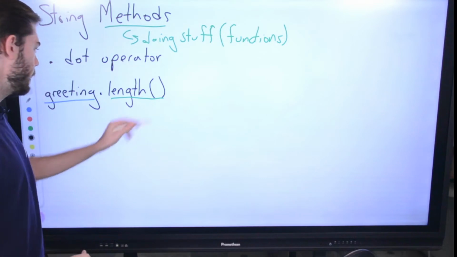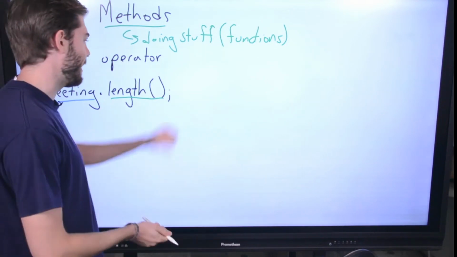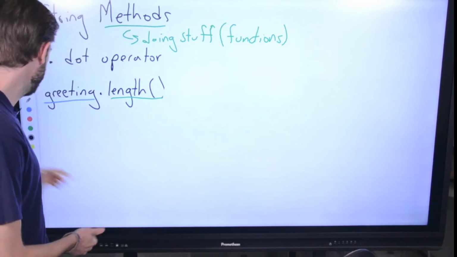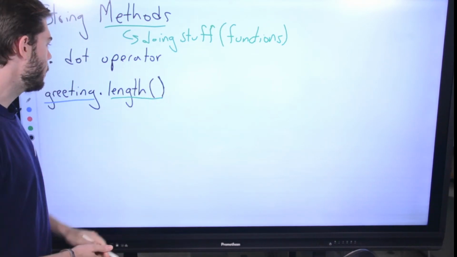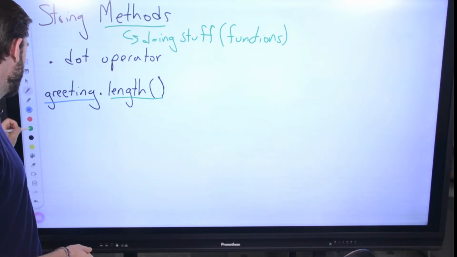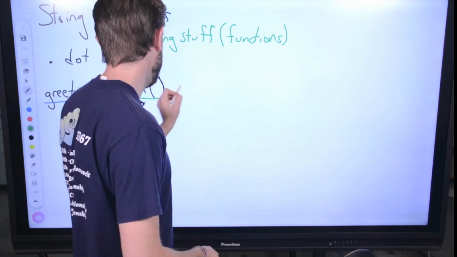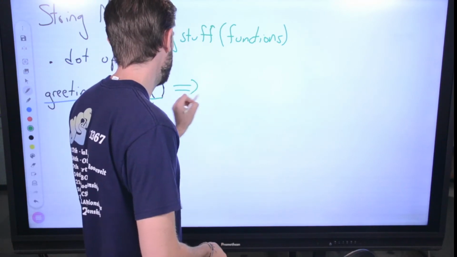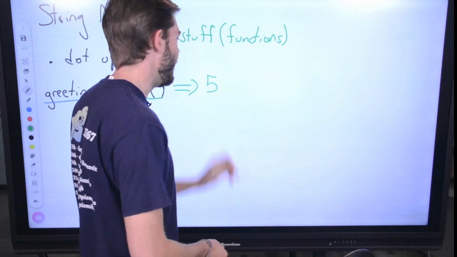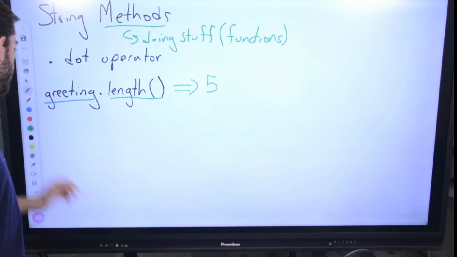And for most cases, when we begin to write this, we're going to have a semicolon afterwards, but that's not required. So dot length would return, I'll go ahead and write the return in green here, 5 in our case, since the word hello is 5.